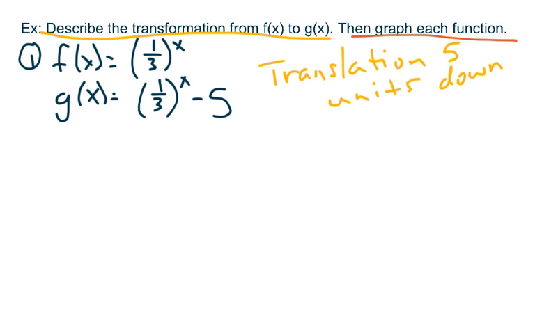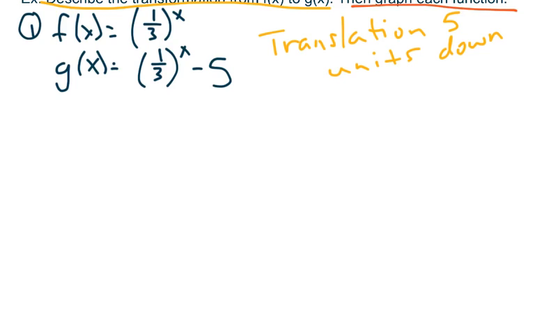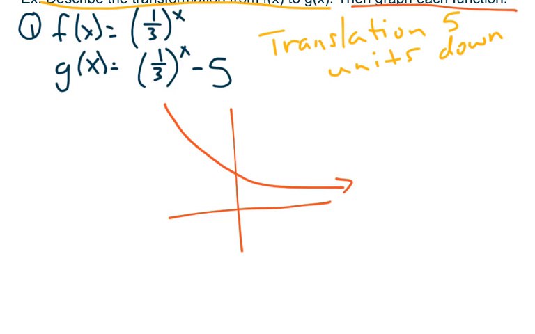Alright, the second part, graph the function. I'm just going to do some sketches. You can feel free to do some sketches as well. I know that 1/3 to the x power is going to look something like this. It's an exponential decay function. Going 5 units down means we just take each point and shift it 5 units down.